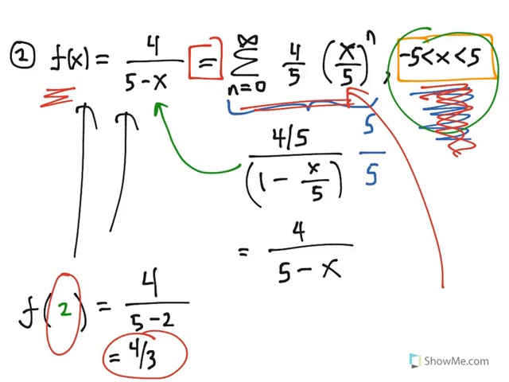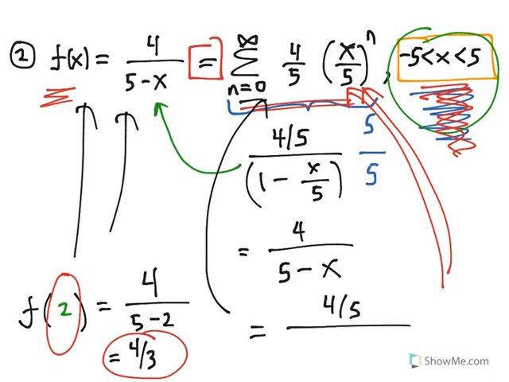So again, how would you evaluate the geometric power series at x is equal to 2? You just use the formula from the theorem to find the sum of a convergent geometric series. So you would substitute 2 for x, and because the absolute value of the common ratio would be 2/5, which is less than 1, you can find the sum of this geometric power series at x is equal to 2 simply by doing a over 1 minus r.